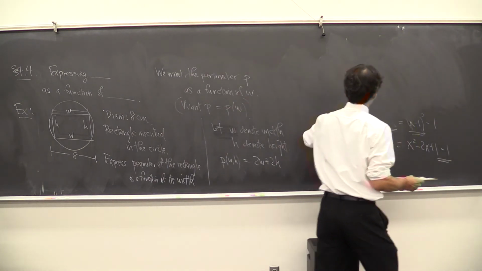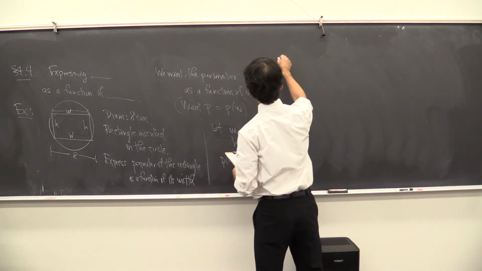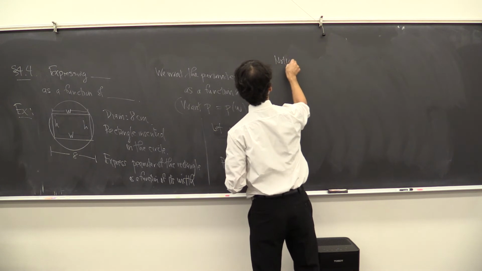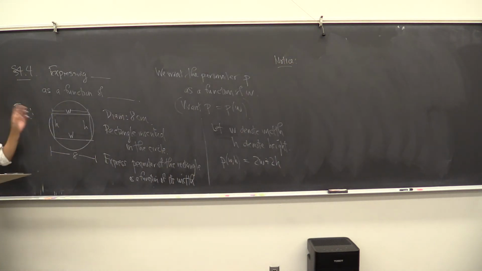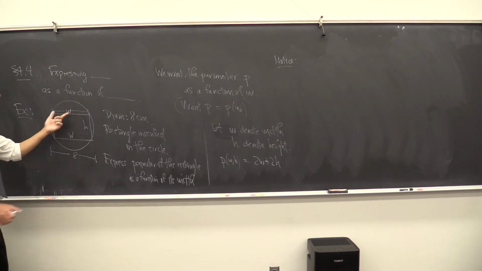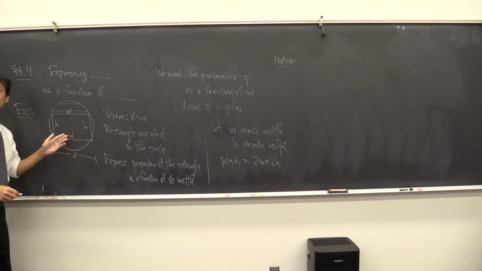But what you notice is that W and H are related to each other. As W changes, H is forced to change. They're kind of stuck to each other. If I know what W is, I actually know what H is.